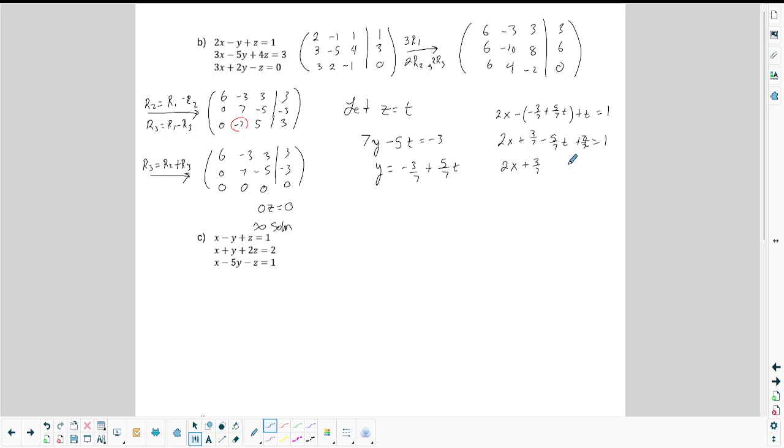And then you get 2 over 7, plus 2 over 7 t equals 1. So 2x equals, well, I know it's going to be minus 2 over 7t. 1 minus 3 over 7 is 4 over 7. Divide everybody by 2. Well, 4 divided by 2 is 2. And then 2 divided by 2 is 1. So minus 1/7 t.